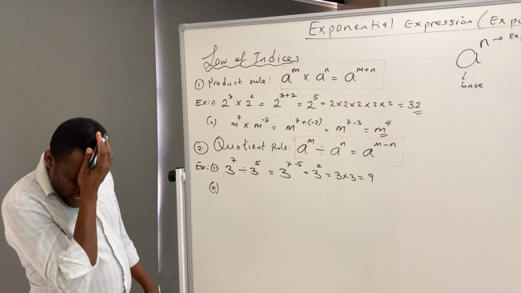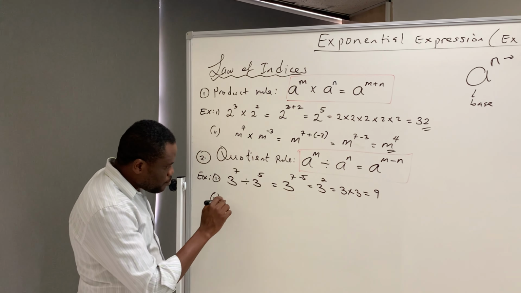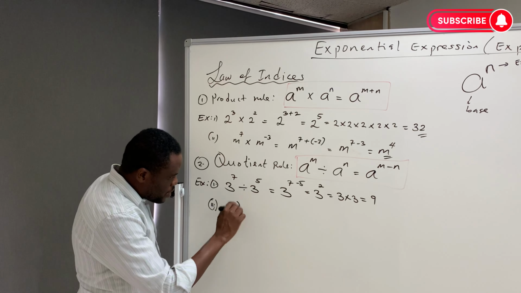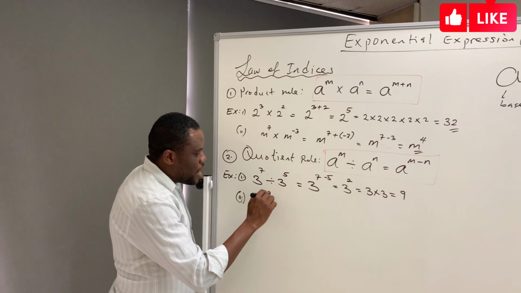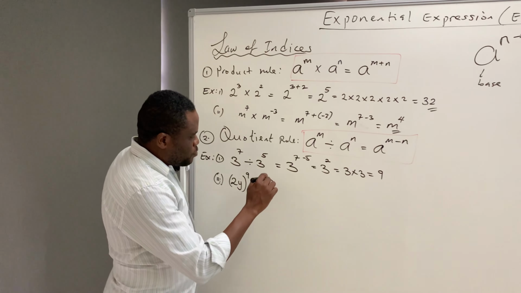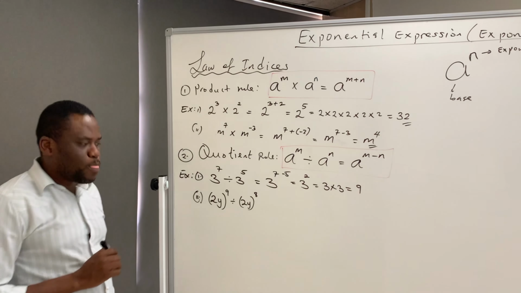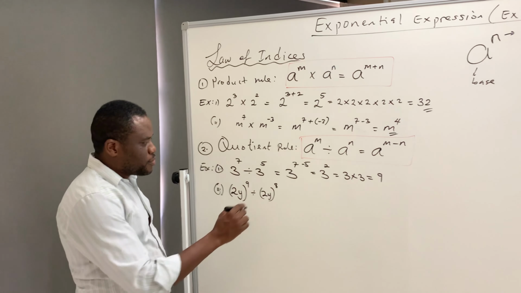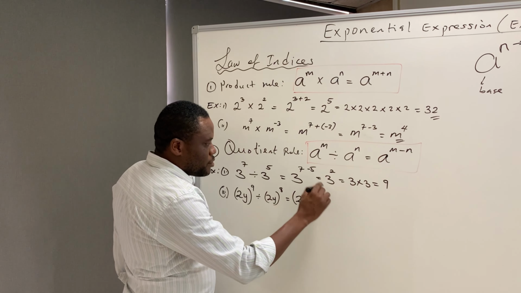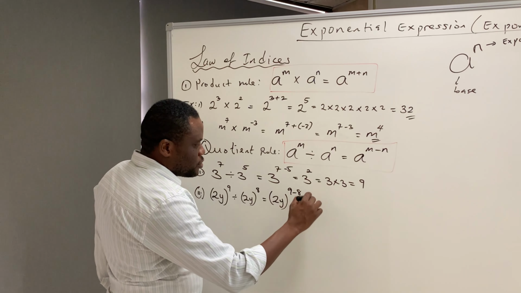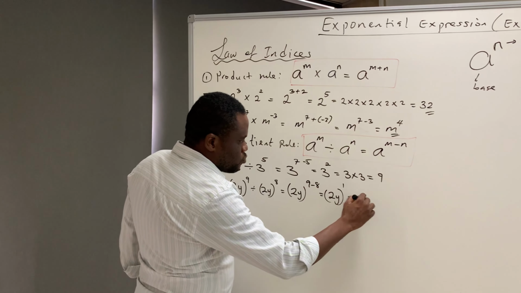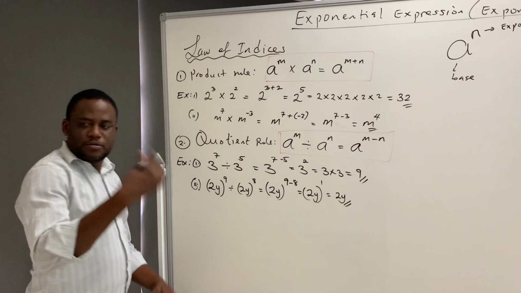Say we have 2y to the power of 9 divided by 2y to the power of 8. 2y is common, so I pick 2y, and I have 9 minus 8, which is 1. This means 2y to the power of 1.